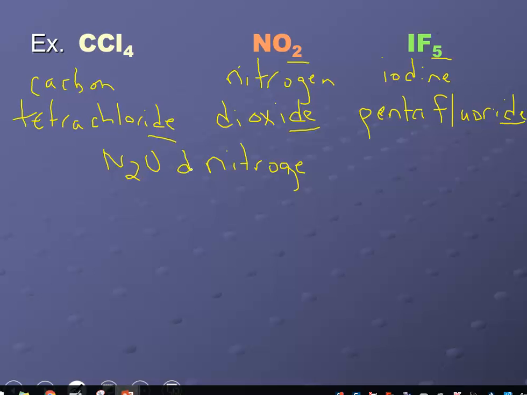So it's actually dinitrogen. Put an N at the end there. And then the second element is oxygen, and how many do we have? We have 1. So now we have to tell how many that is, and we're going to do mono. So mono can be used on the second element, but not on the first. And then what is that element? That's oxygen, but we're going to write oxide.